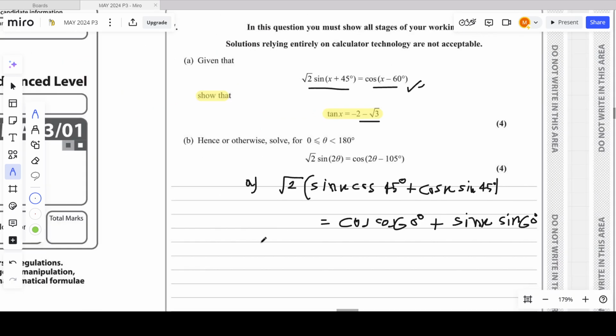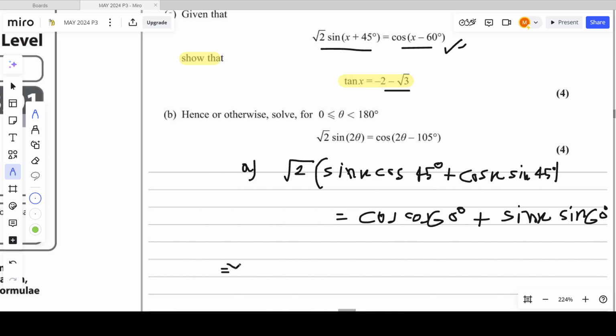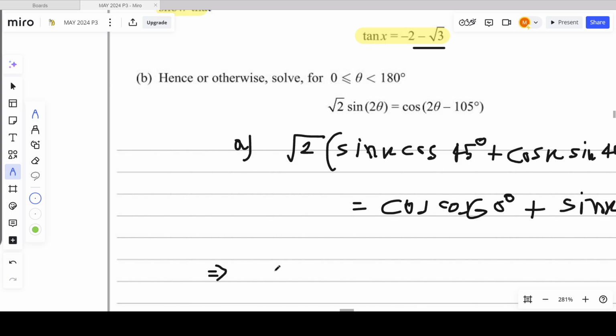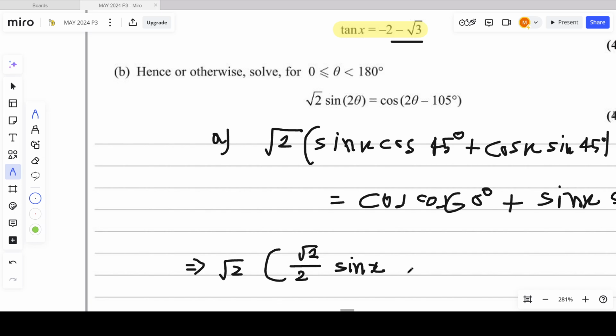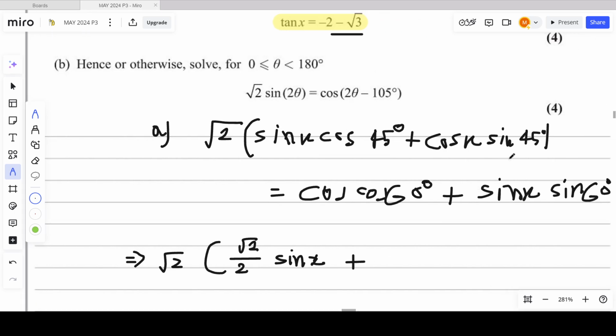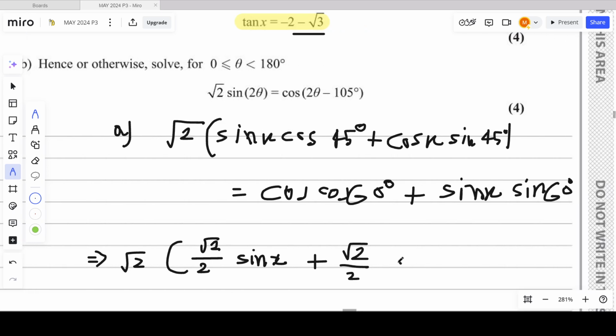Now put in the values of the sine and cosine ratios. Cos 45 degrees is square root of 2 over 2, so we have square root of 2 over 2 sine x, plus sine 45 degrees, which is also square root of 2 over 2, times cos x.